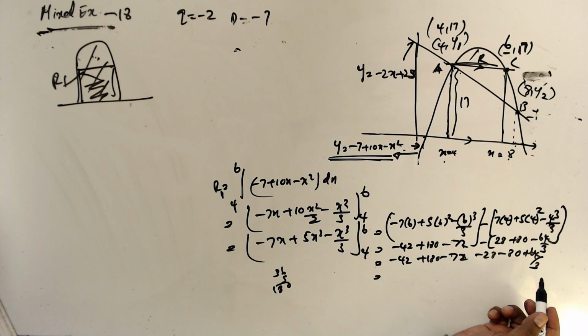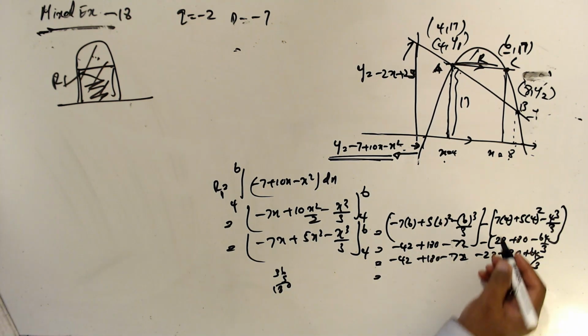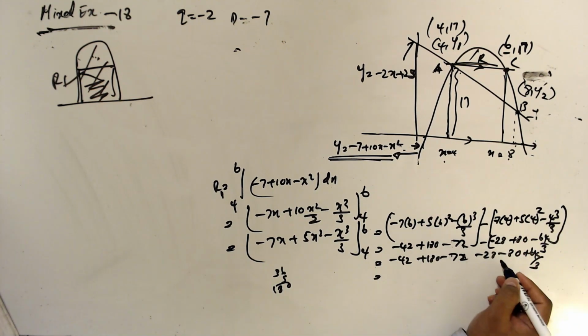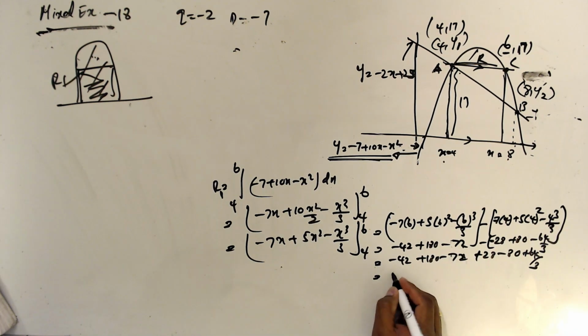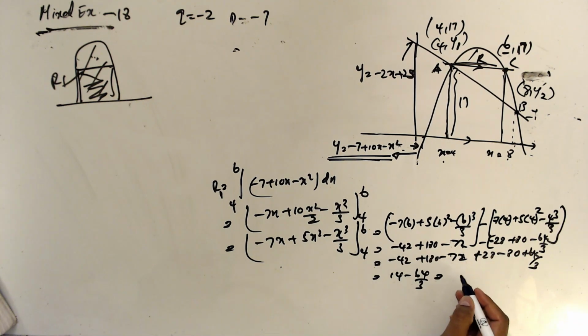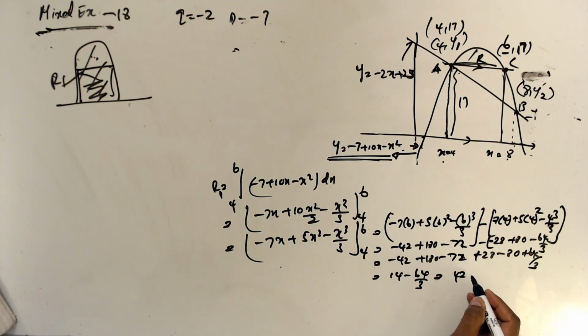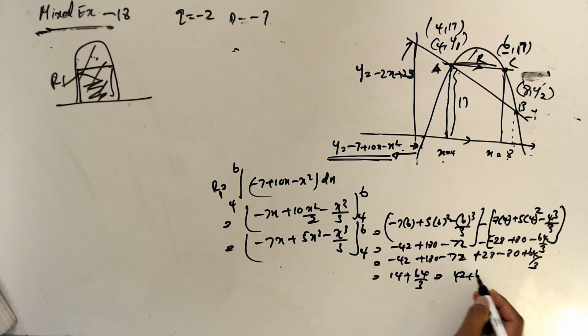Yes. This is negative, negative, so this is going to be positive. This is 14 plus 64 over 3.